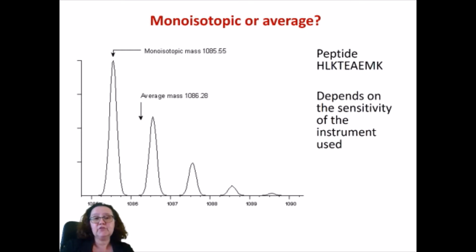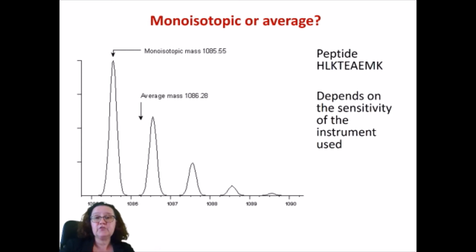Do you get an average molecular mass for your compound, or do you get monoisotopic masses with the most abundant isotopes and subsequent combinations? Well, it depends on the sensitivity of the instrument. If it's good enough, you do not get the average mass, you get monoisotopic masses.